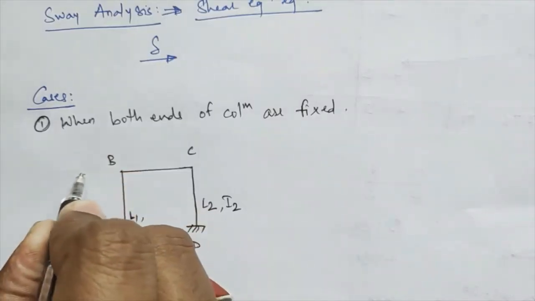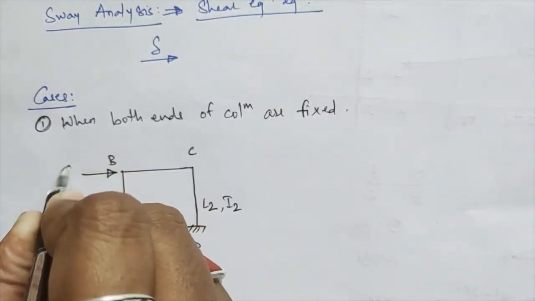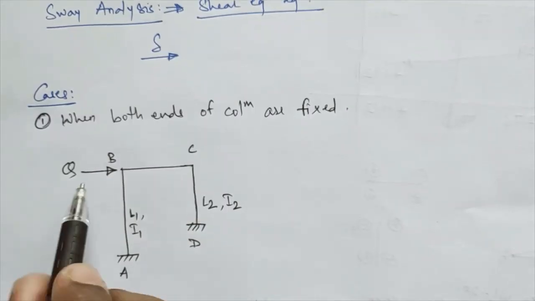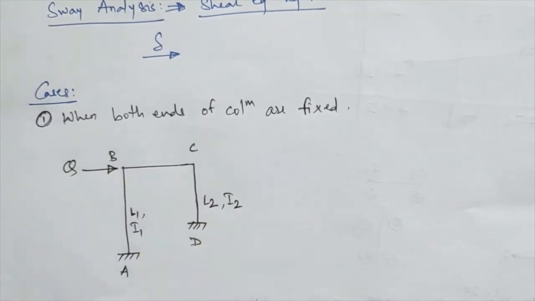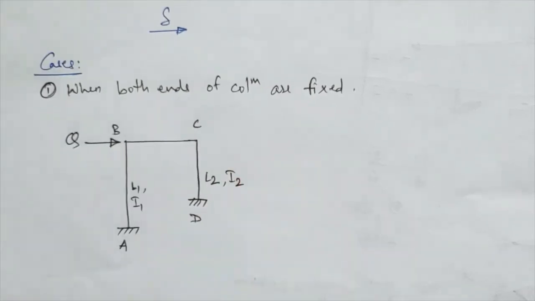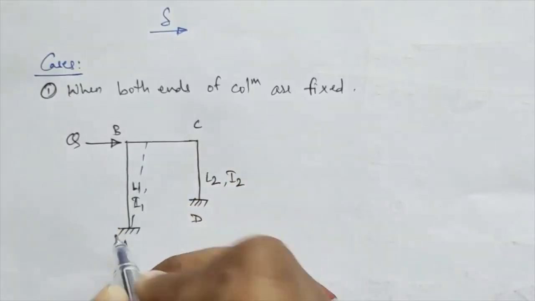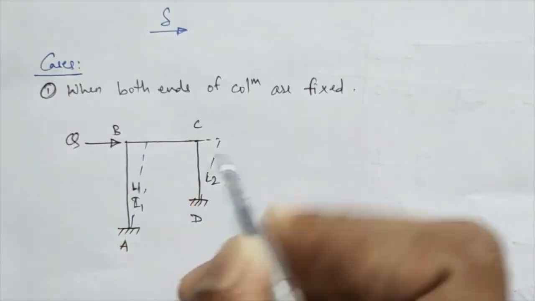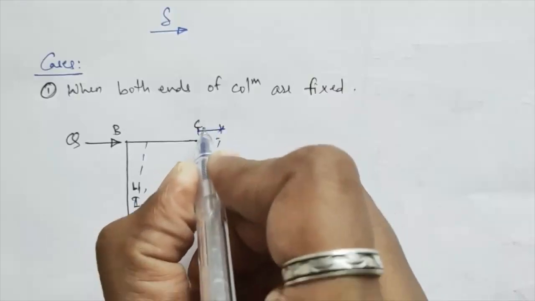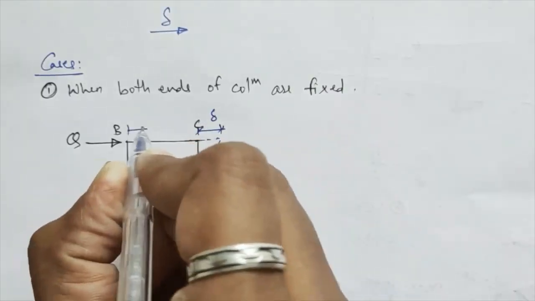Suppose I apply a lateral load of amount Q to this frame. Due to this load, the frame will try to sway towards the right. Suppose it sways in this way, and this quantity is called the sway coefficient, equal to delta.